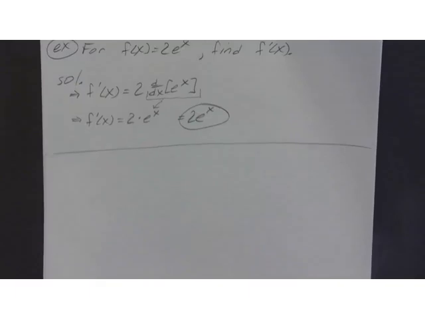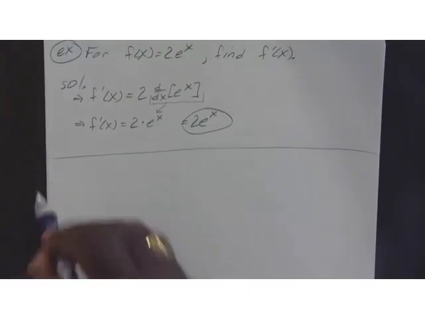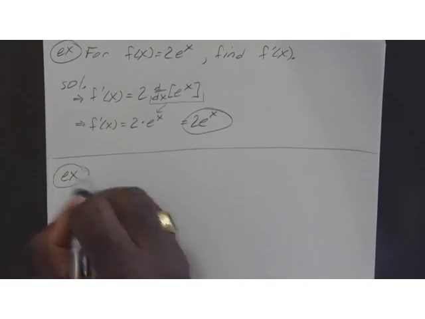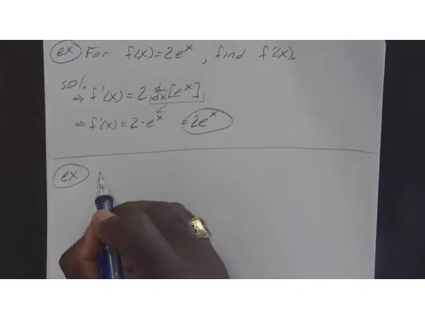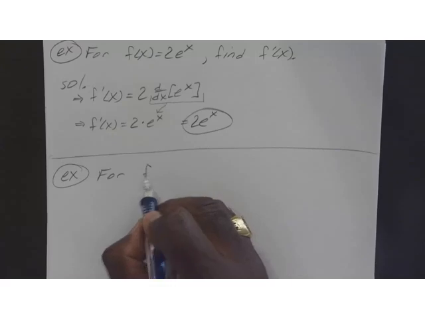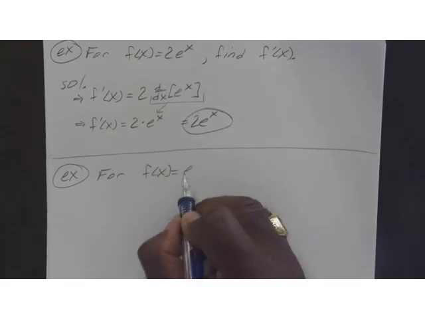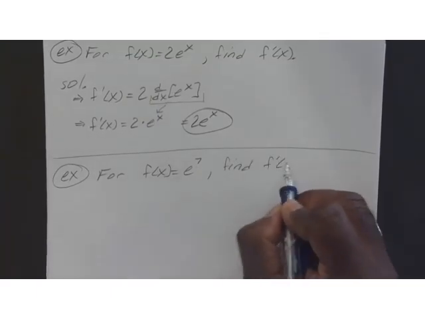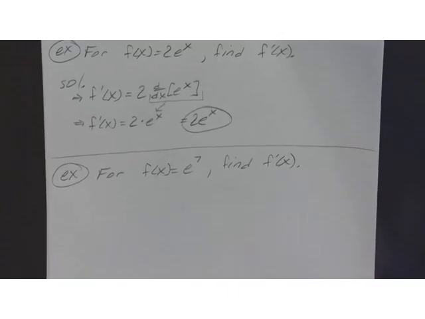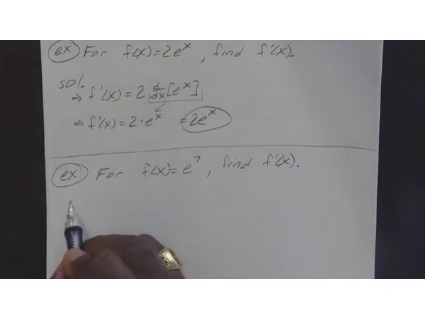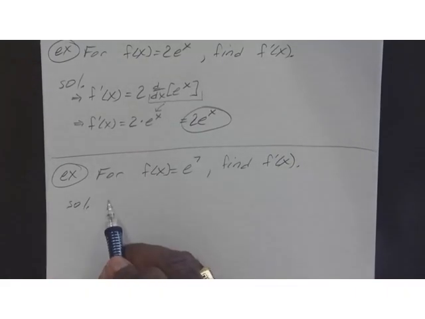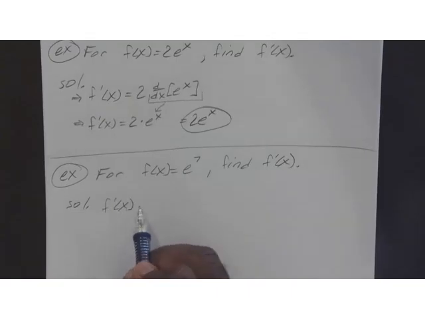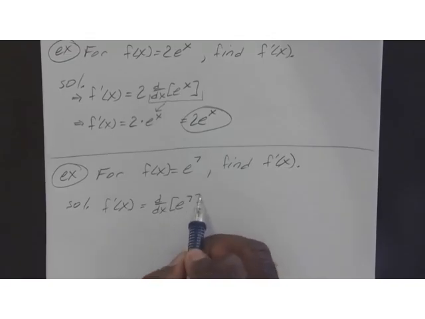Okay. Now, one trick question that I don't want you to fall for, so I'm going to show you why you shouldn't fall for it. So let's say we have f of x is equal to e to the 7th power. And we want to find f prime of x. Well, f prime of x is just the derivative of e to the 7th power.